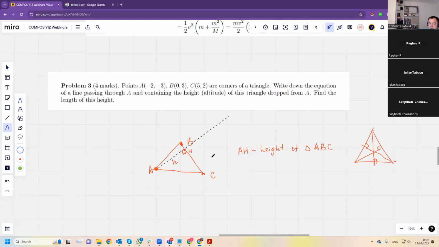The height is perpendicular to the base. That is fine. You can have a triangle like this, and the height goes outside the triangle. You could have this situation.